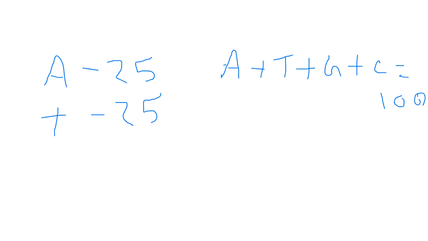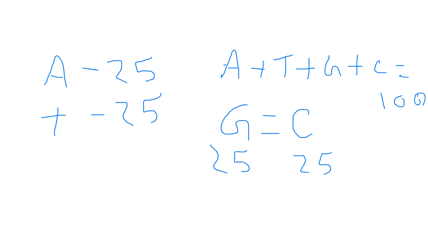So in this percentage, if A is 25% and T is 25%, that means 50% is gone. So the rest 50% is equally divided between G and C. So how much the G get? The G get 25 and C also get this equal amount, 25.